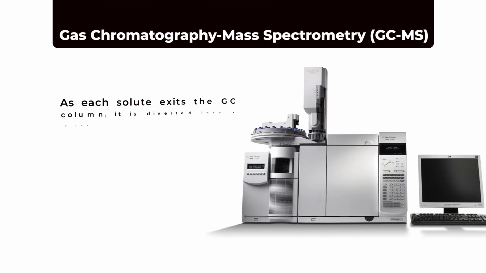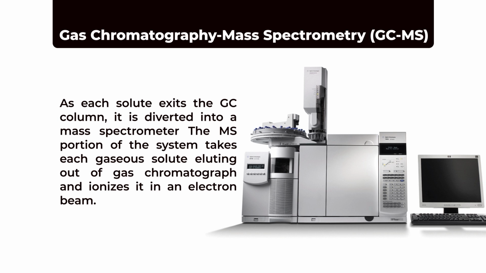So let us talk about gas chromatography with mass spectrometry, hyphenated GC-MS. Each solute that exits from the column is diverted to the mass spectrometer, the MS portion of the system. Each gaseous solute eluting out of the gas chromatograph goes to the mass spectrometer detector, ionizes there, and becomes in the form of an electron beam.